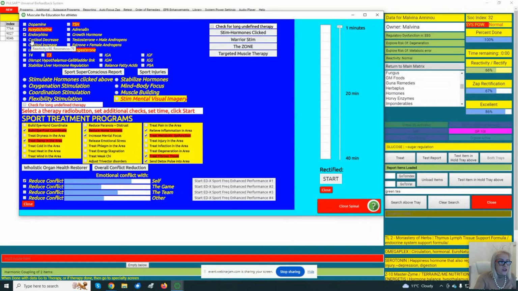I like to check on whatever is either chronically or acutely reacting. Okay, what's the difference between this? Cortisol decrease and cortisol increase has to do with the ACTH and the adrenals. Okay, so there's an issue for both of them, so I need to get a balance between them.